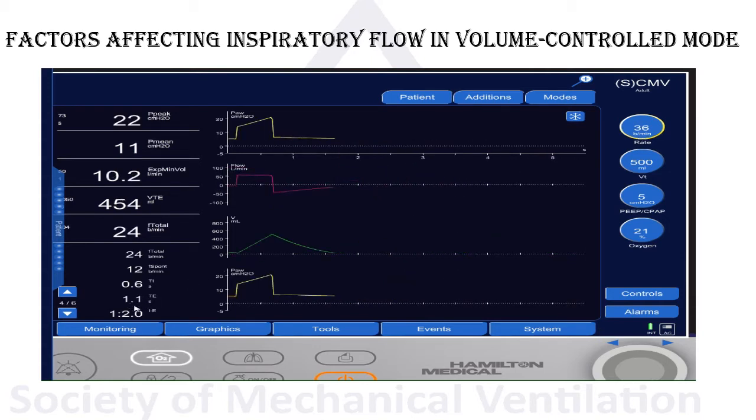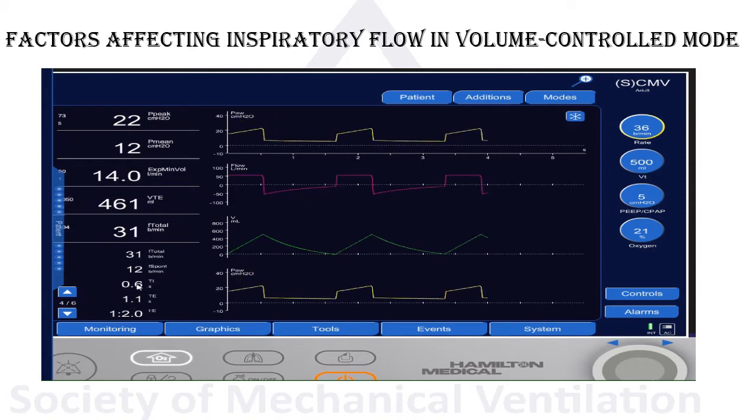So of course we're supposed to see the inspiratory time will drop significantly because it's a fixed I to E ratio. It was 1 to 2. Also notice what happened to the inspiratory flow. I think here we're almost at 54. So with the increase of the rate, the inspiratory flow went up and the inspiratory time went shorter.